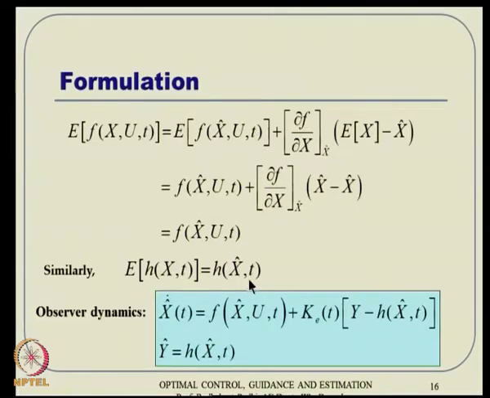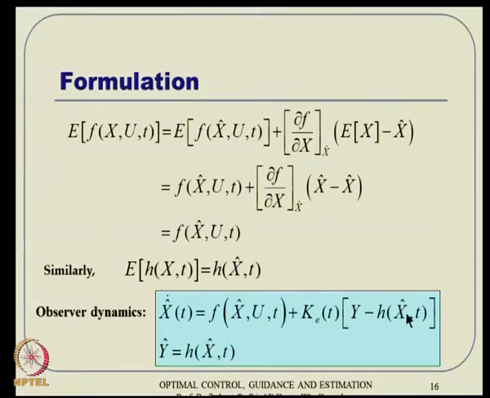So, if you go back to our observer dynamics, we get motivated by these observations and say, because in the expected value sense this term does not play a role and it only has that part, how about proposing an estimator or observer dynamics to be something like this. The first term is kept as it is plus Kalman gain times innovation. Innovation is the true output minus the expected or predicted output.